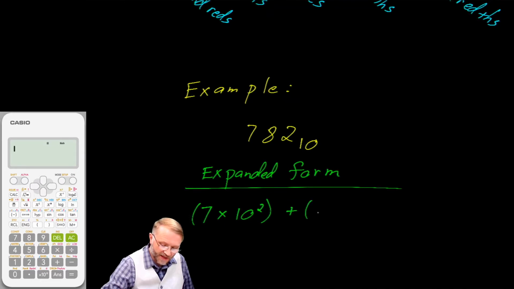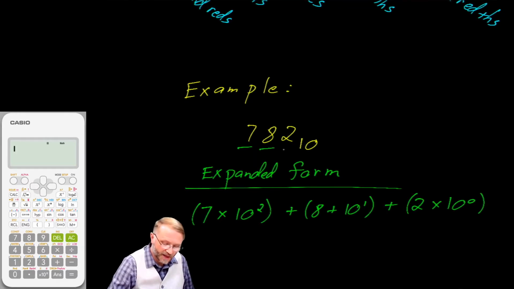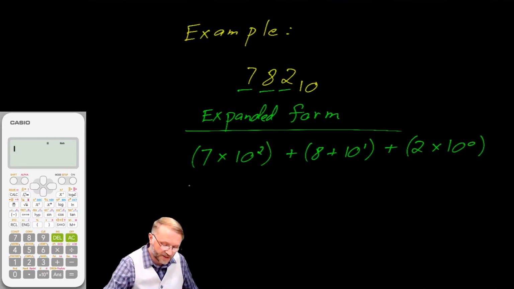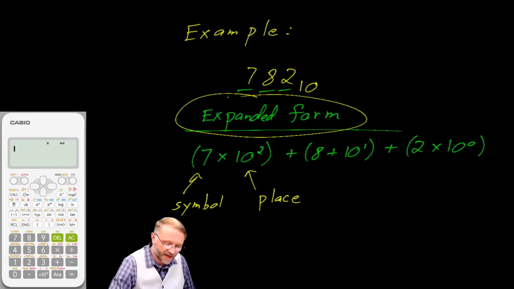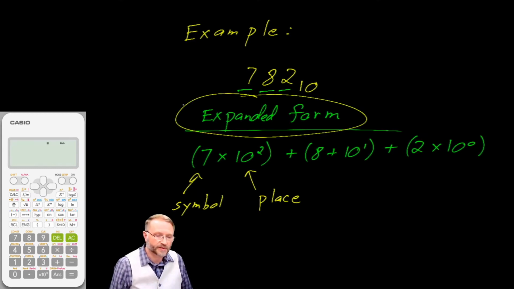We can then add 8 tens, and finally we can add 2 ones. So 7 hundreds, 8 tens, and 2 ones. One more time, symbol and place value. And let's not forget this term, expanded form, because it will be very important to us in the next steps.